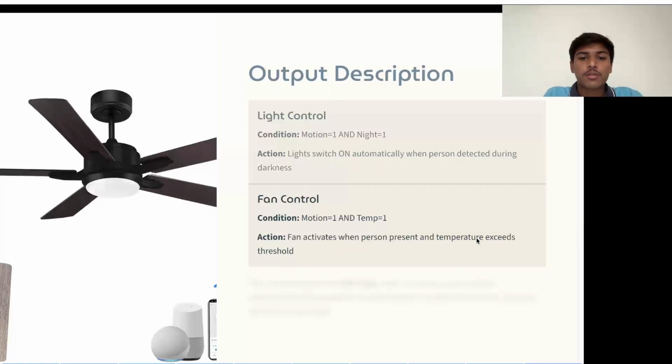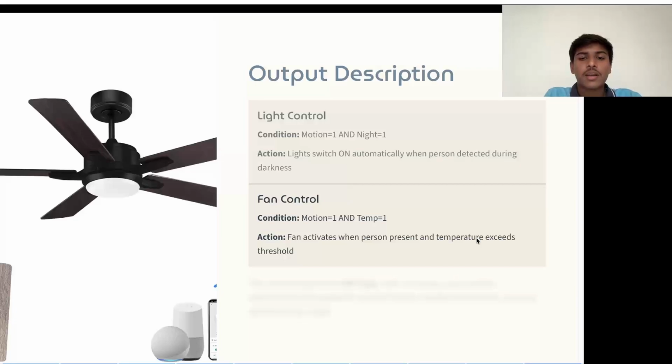And in fan control, when motion is equal to 1 and temperature is equal to 1: when the motion sensor detects any movement, it gives output 1. And when the temperature sensor detects a high or hot temperature, above the given threshold value, it gives output equal to 1.